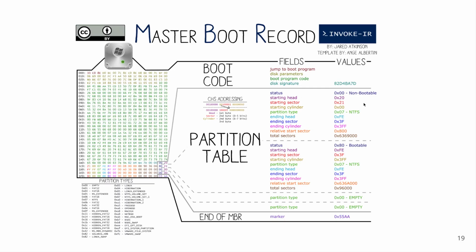So here is a great visual representation of the master boot record by Jared Atkinson. I think they have some other fantastic visualizations too. What we see here is in the beginning we have the boot code. As we said, these are actually CPU instructions that are read and let the CPU know how to proceed to boot the kernel.